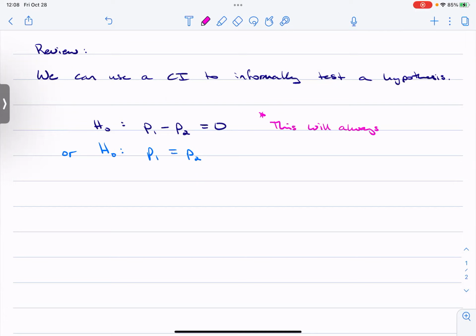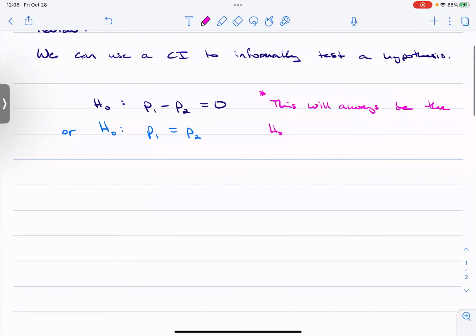So we're going to need to read the question, decide what type of question it is, but then once I know it's a two sample proportion question, it doesn't matter how you like to write it, right? It's going to be one of these, and it's going to be one of these always.